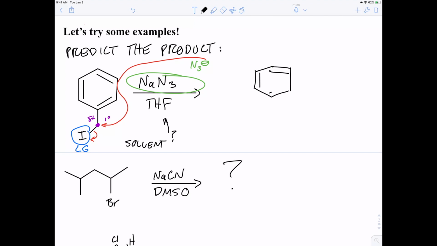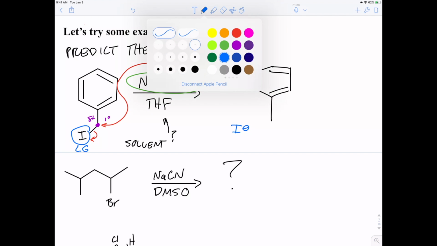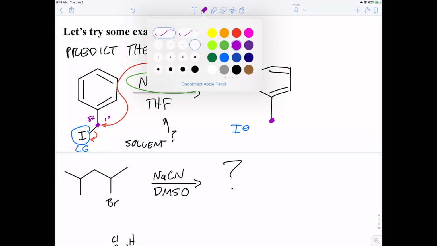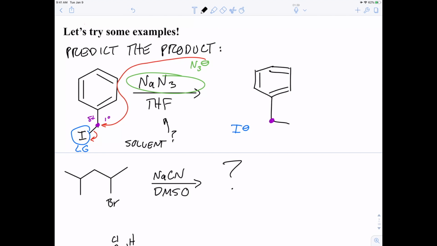We haven't done anything to that. Our iodine is gone, so that's actually out here. We'll draw it in blue as I minus. And then we had the N3 come in at this carbon here. Let's highlight that in purple again. And we made a new bond to our nucleophile, N3, just like so.